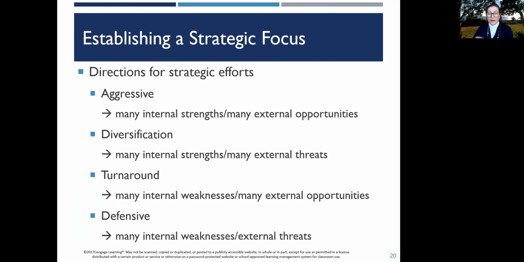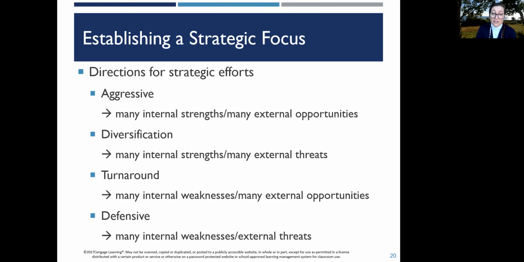When we have many strengths within an organization, but we're faced with dire threats, then maybe diversification is the way to go. So we'll take our strengths, but we'll put them to work in a different way. We're going to pivot away from the threats so that we minimize the threats.